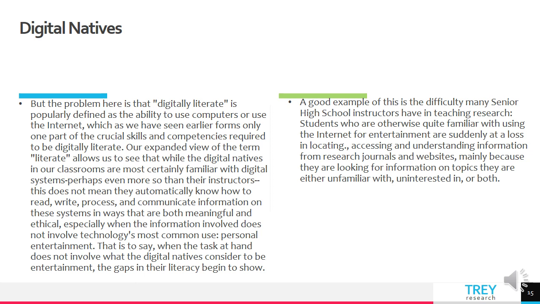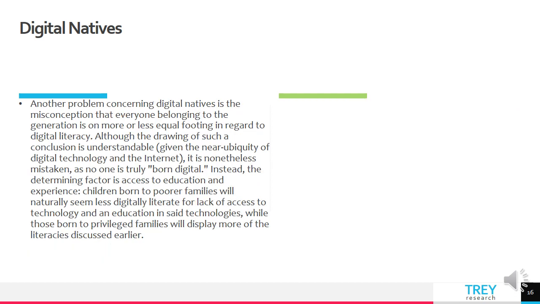Another problem concerning digital natives is the misconception that everyone belonging to the generation is on more or less equal footing in regard to digital literacy. Although the drawing of such a conclusion is understandable, given the near ubiquity of digital technology and the internet, it is nonetheless mistaken, as no one is truly born digital.